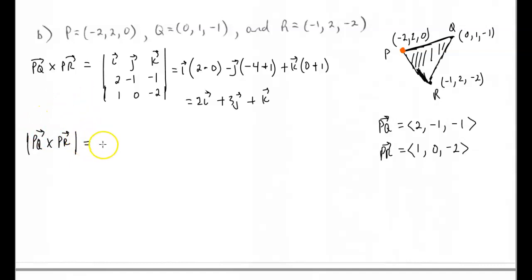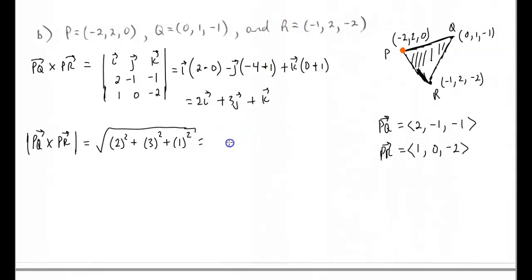So to take the magnitude of this, we just do square root of the sum of the squares of all the components. And here we have 4 plus 9 plus 1. So 4 plus 9 is 13, plus 1 is 14. So that is just square root of 14 there.